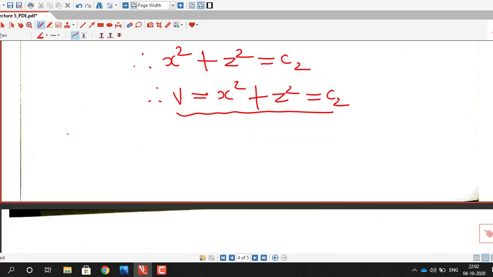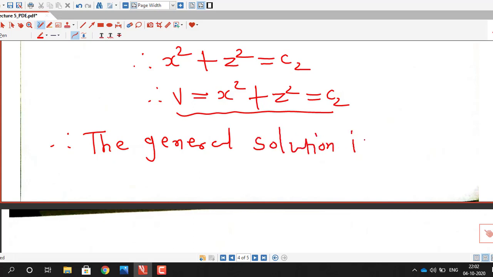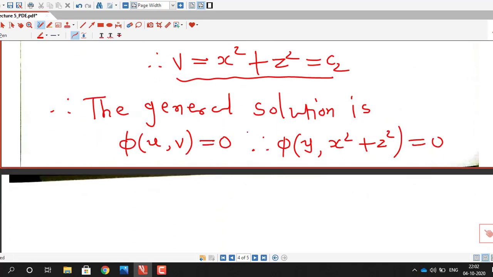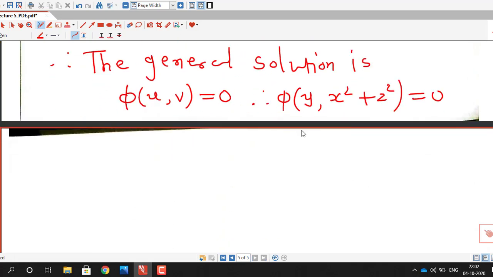So therefore don't try to forget the general solution. Therefore general solution of given equation is phi of uv equal to 0. Therefore phi of y, x square plus z square equal to 0, where phi is an arbitrary function.